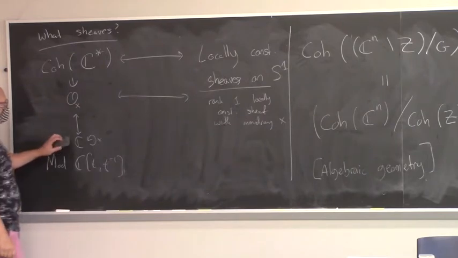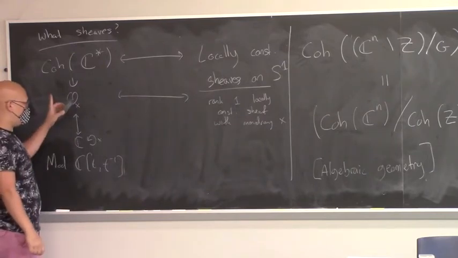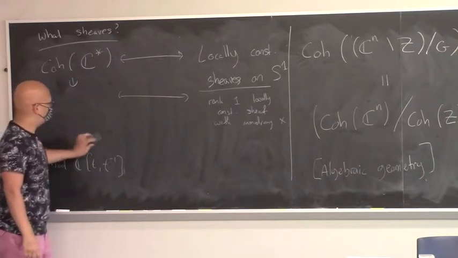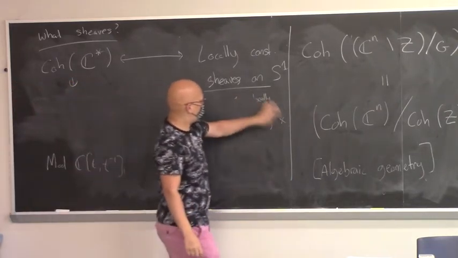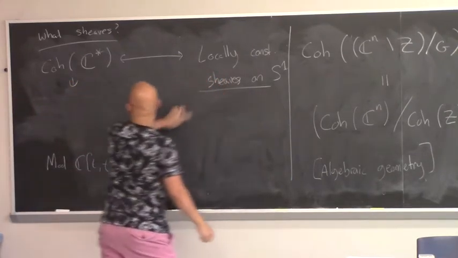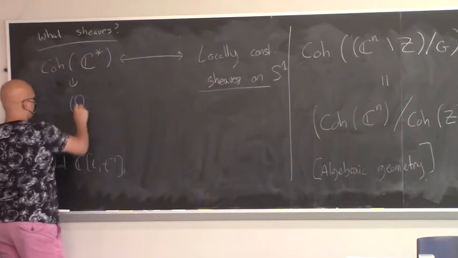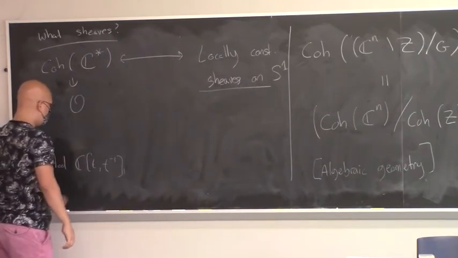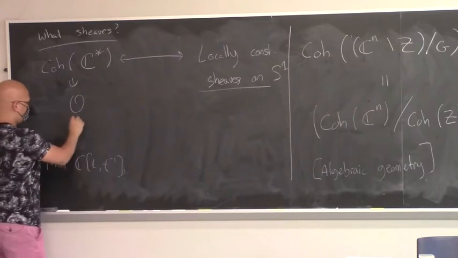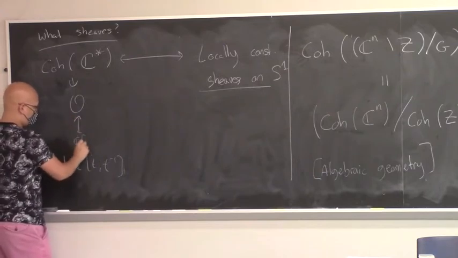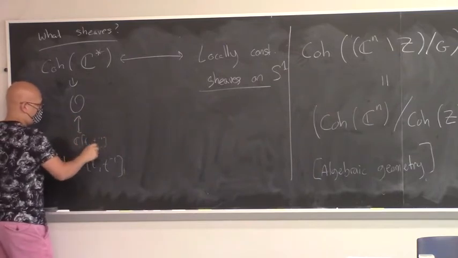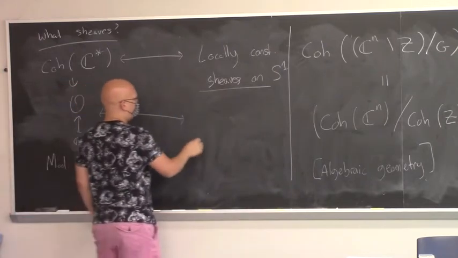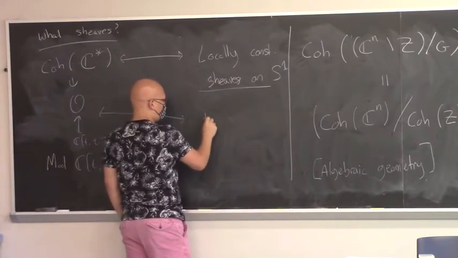Well, let's give another example. Another example is I could take the structure sheaf. And that corresponds to the module here, which is just C[T, T inverse]. And over here, it corresponds to something a little bit strange, which is the homological local system.